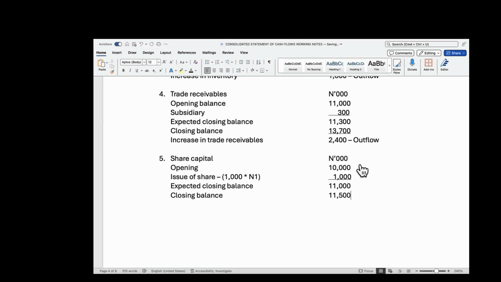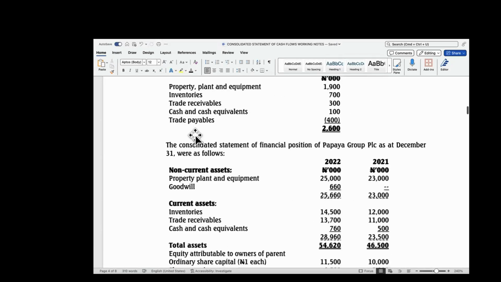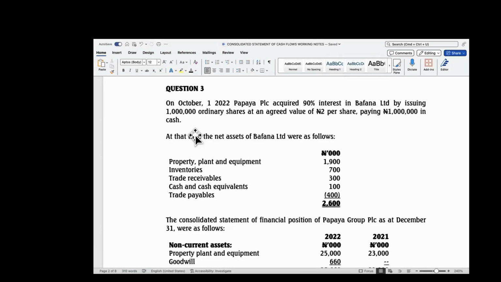Now let's see the question. Maybe they issued another share. What was the subsidiary's shares? Let me scroll back to the question, sir. Sir, let's see the equity side.